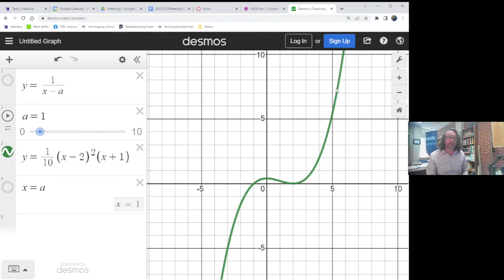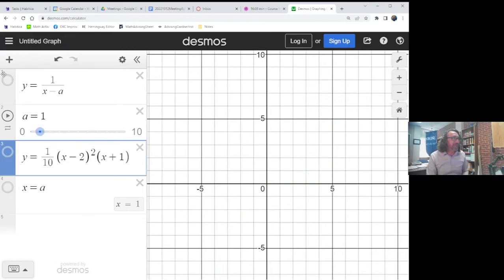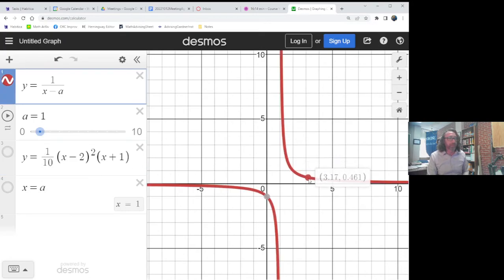That's the end behavior of this polynomial, up to the right, down to the left. So as x gets bigger and bigger and bigger, y is getting bigger and bigger. But that is not the case in this rational function. As we go out here and get bigger and bigger x values, the y value is actually getting closer to 0. Okay, so this function has a couple of different behaviors that we haven't seen before.